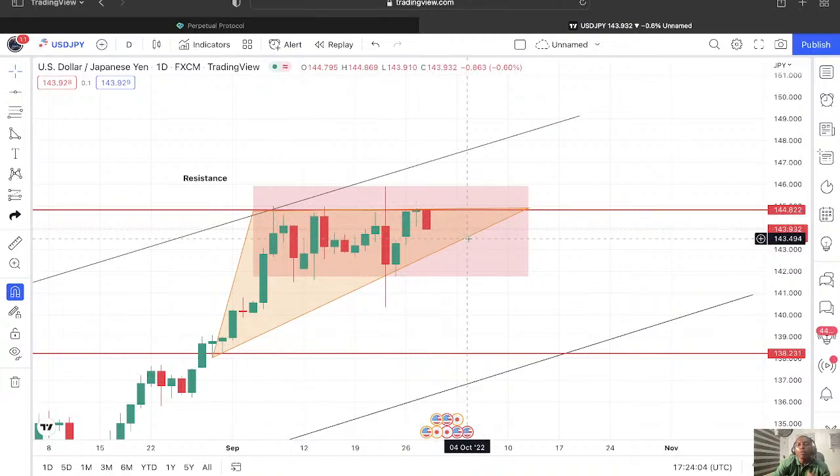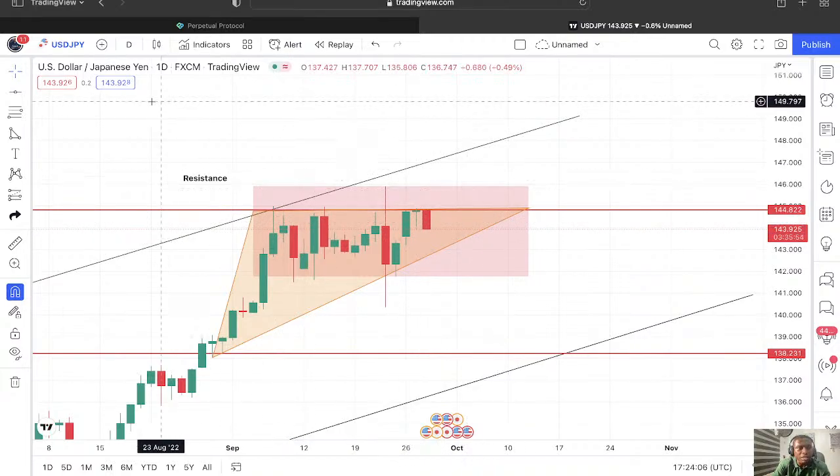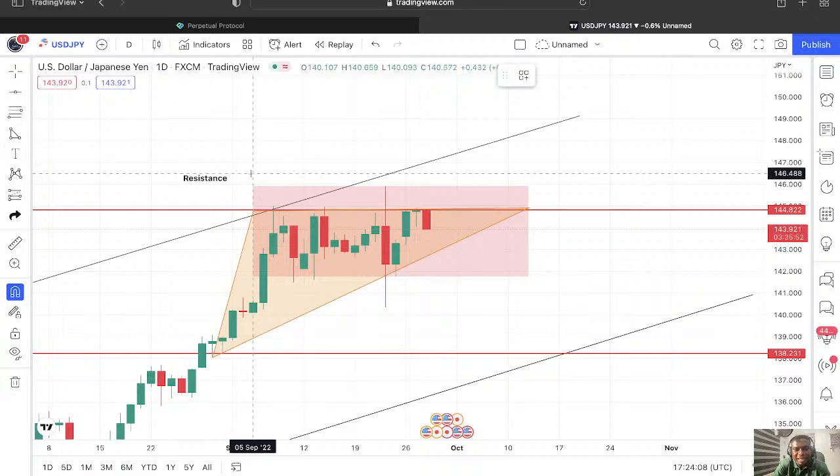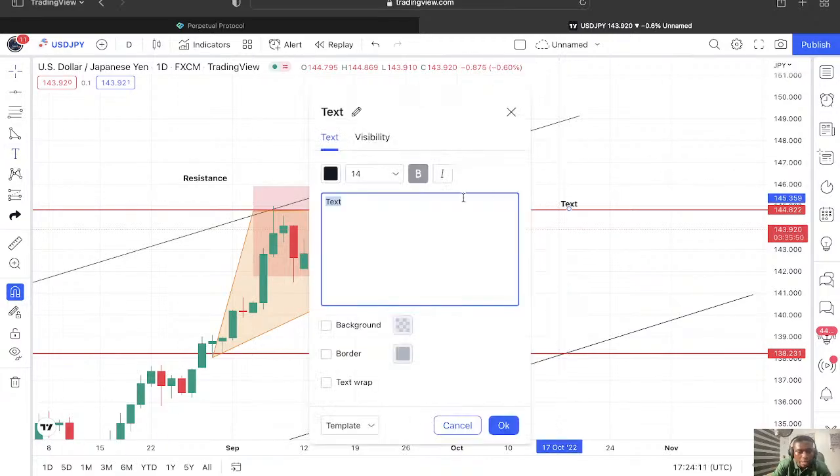So what I'm going to do here is set a buy order. I'm setting a buy order at 177.822.